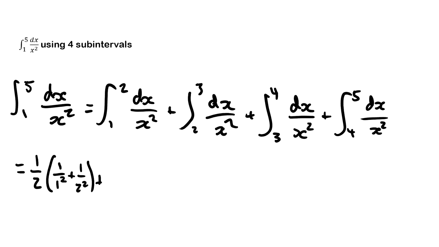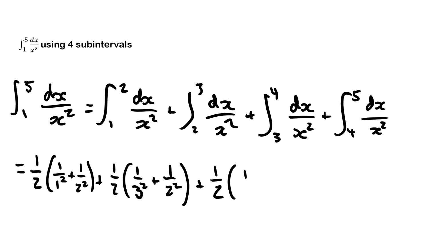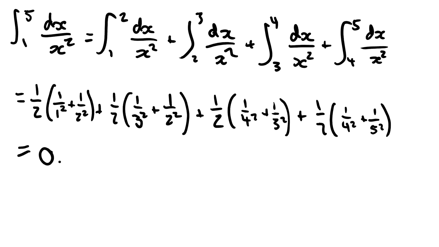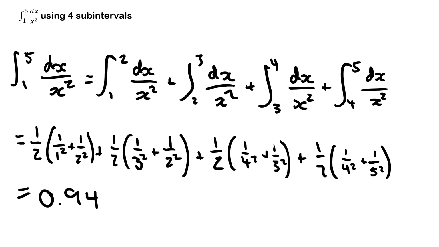This next one, we get 1 over 2 of 1 over 3 squared plus 1 over 2 squared, then 1 over 4 squared plus 1 over 3 squared, and then finally 1 over 4 squared plus 1 over 5 squared. And that comes out as 0.94. So the area under that curve between the interval 1 and 5 is 0.94.